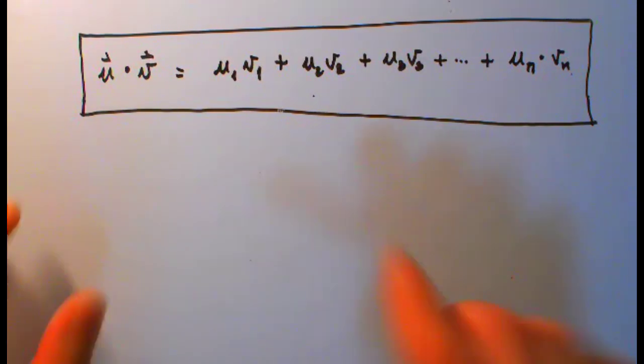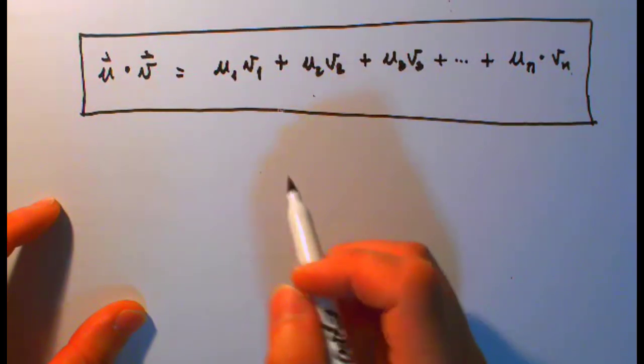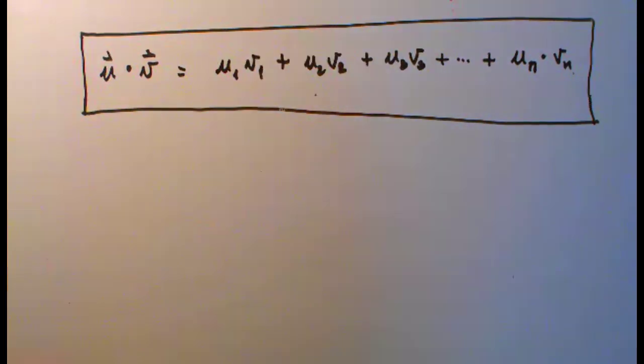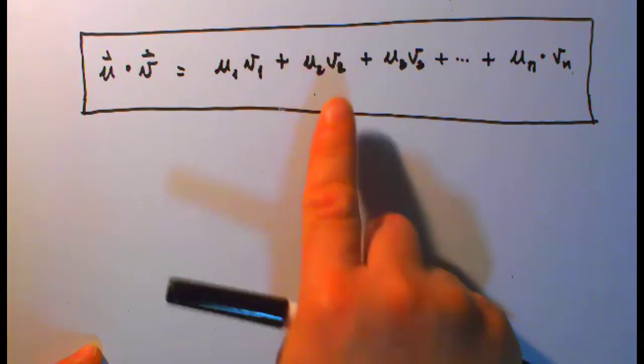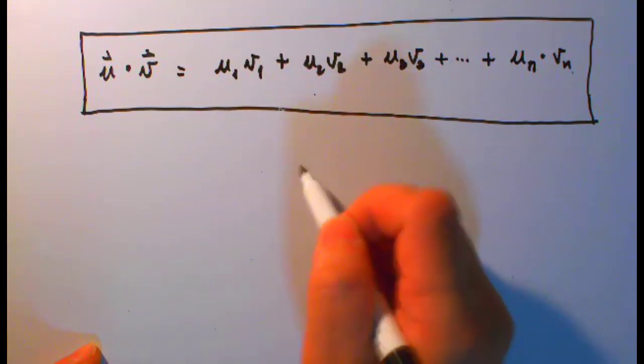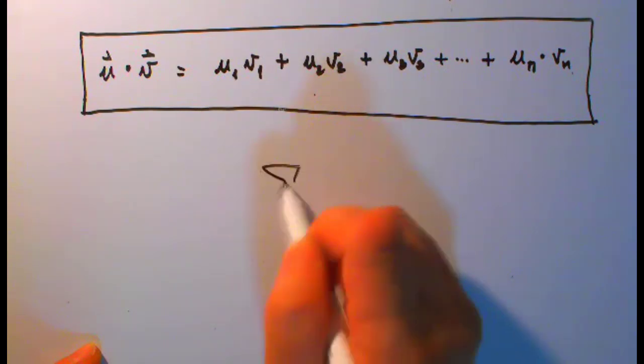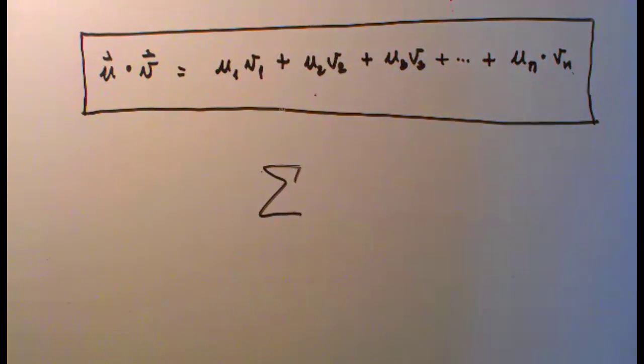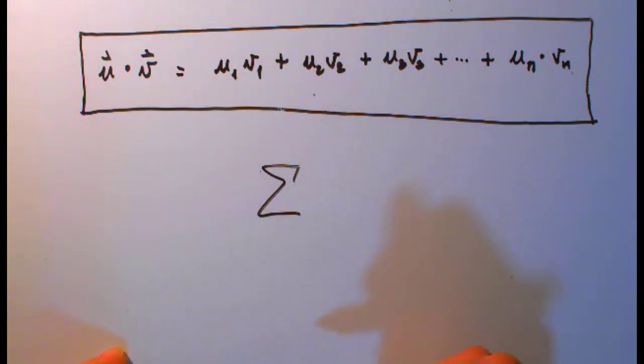Be prepared with the idea that you might have seen in some different places over the web or in some other textbooks, dot product can sometimes be used in a convenient summation notation. Even though I am not particular about you having to use summation notation, it could be convenient sometimes.